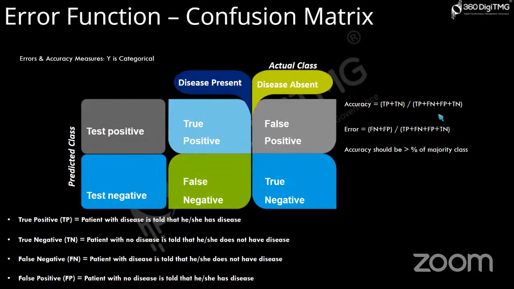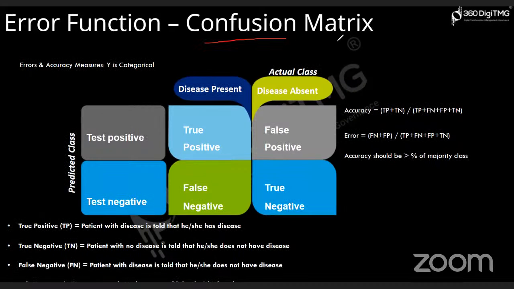So let's discuss some error functions. We have the error function called the confusion matrix. This is done for categorical data, when we have output as categorical data.